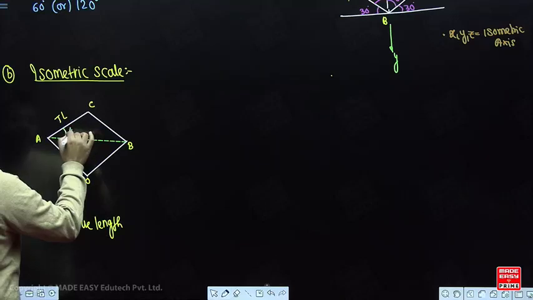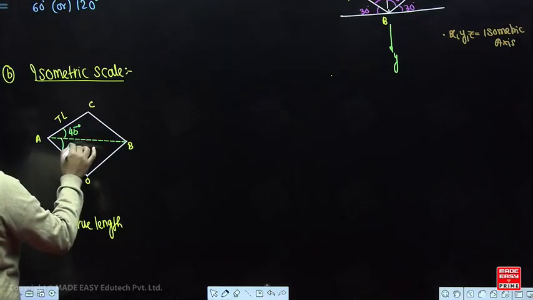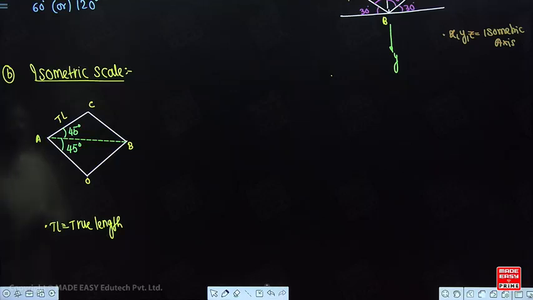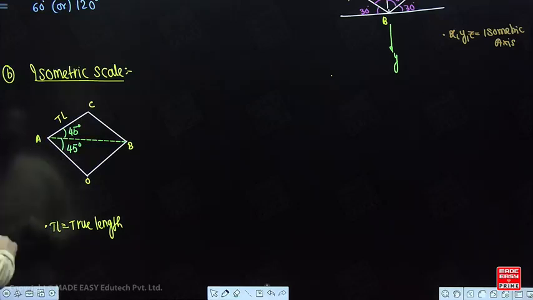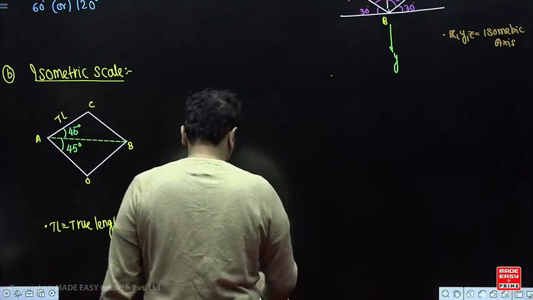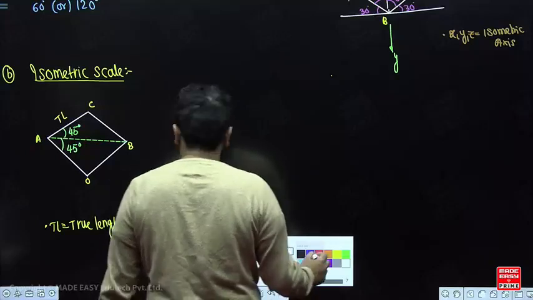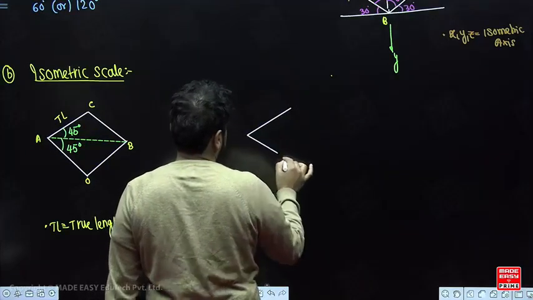It will become 45 degree and this angle will also be 45 degree, isn't it? So this 45 degree is a true angle, correct. Now when it is tilted, now it becomes something else. See what it becomes.